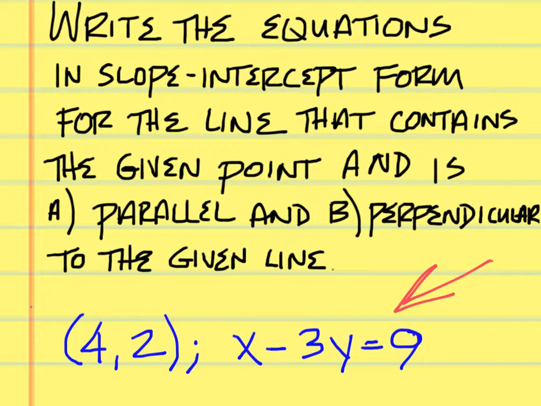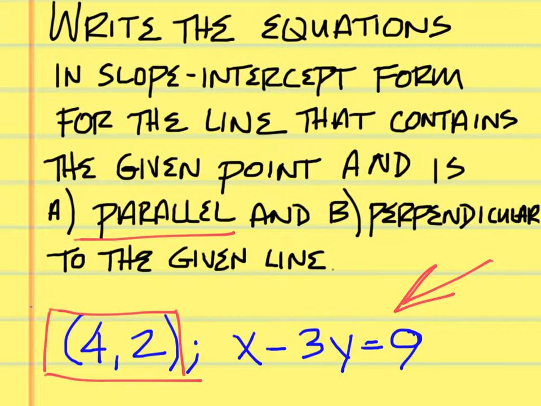You have to find two lines. The first one has to be parallel to the given line, and it's got to pass through this point. The second one must be perpendicular to the given line, and it's got to pass through that same point. So you have two things to find. This is not rough at all. We'll just take it one step at a time.